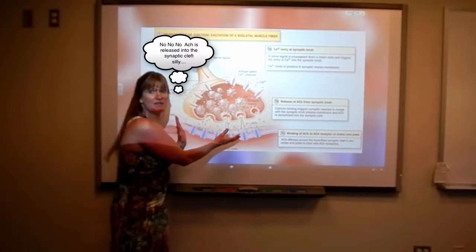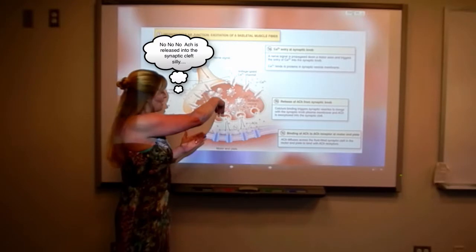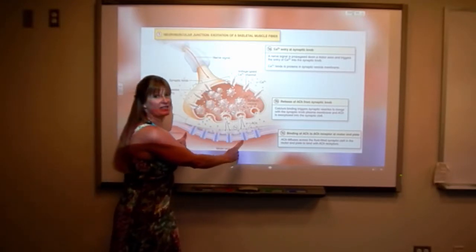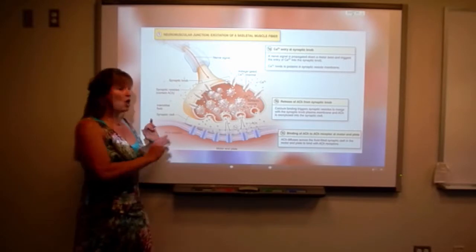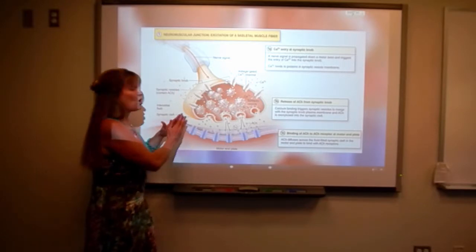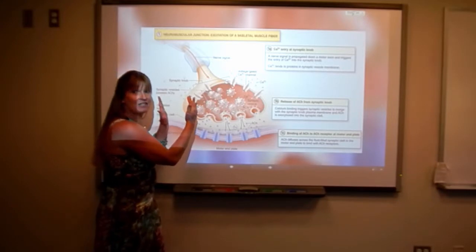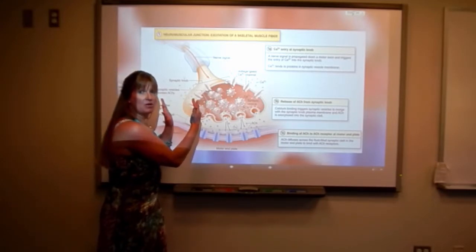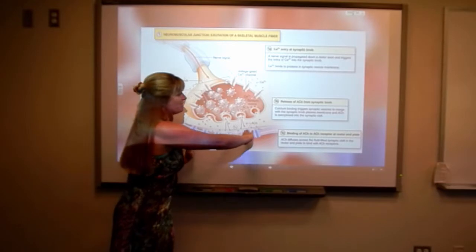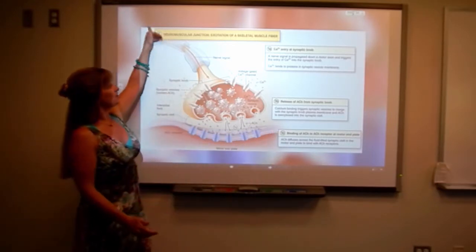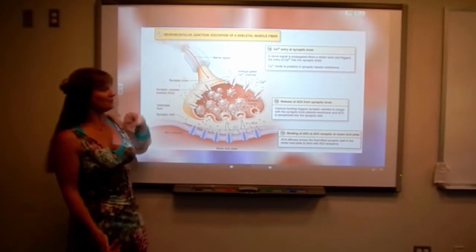Once it's in the synaptic cleft, it's going to cross the cleft and bind with acetylcholine receptors on the other side. Those acetylcholine receptors will cause the acetylcholine-activated channels to open so that we can propagate an action potential along the muscle cell membrane, much like the potential was propagated down the nerve cell itself.